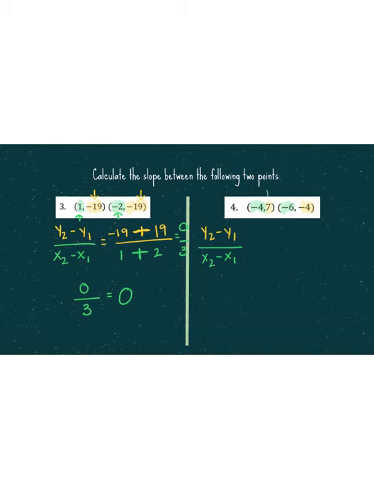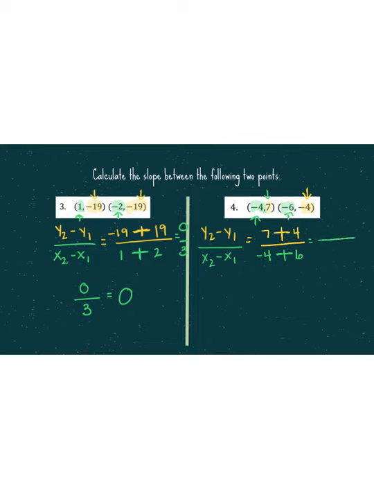Okay, so I'm going to take this 7. So I'm going to say 7 minus, and my second y value is negative 4. So minus a negative 4, that's going to turn into a chunky plus 4, over, now I'm going to find my x values. My first x value is negative 4, and my second x value is negative 6. So minus a negative, there's another chunky plus, 6.